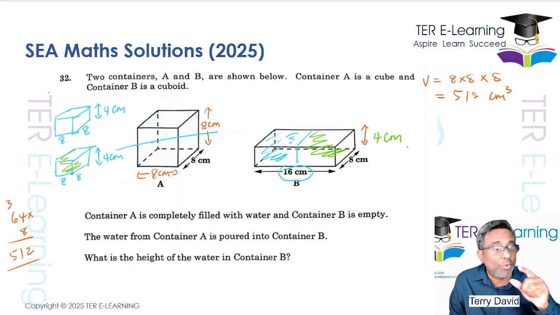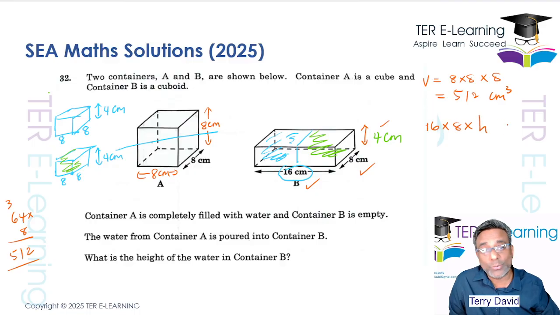That's the volume of the cube on the left side. You're going to pour all of that on the right side. Now the volume of a cuboid is simply this dimension by this dimension by this. So let's say we didn't know the height. You're going to say 16 multiplied by 8 multiplied by the height that we don't know, and you put that equal to 512.